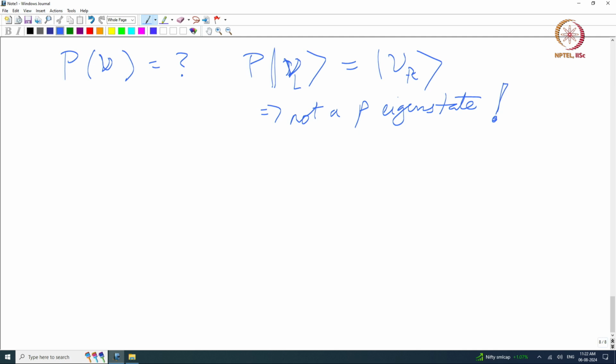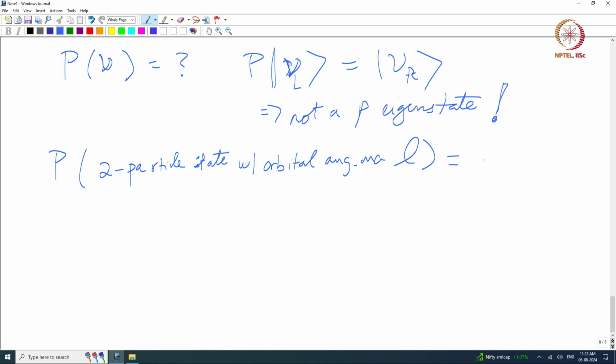And finally, the parity of a 2-particle state with orbital angular momentum L turns out to be (-1) to the power L. This is something that you can see, for instance, in the case of a hydrogen atom in your quantum mechanics.